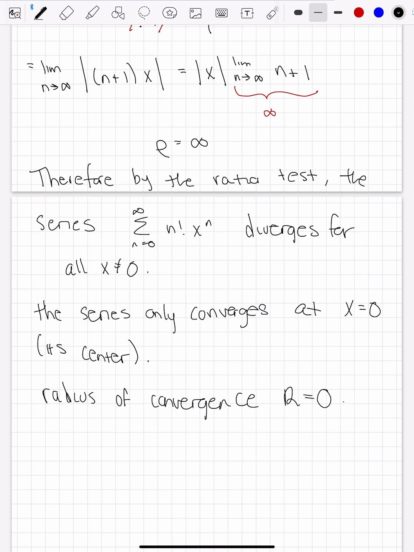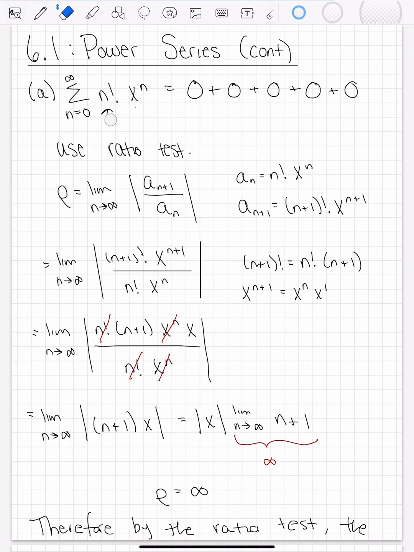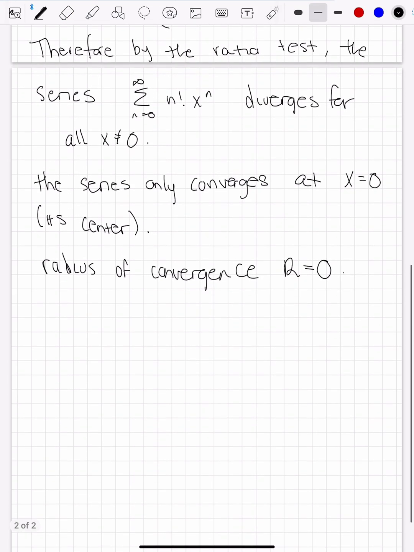And why is that? Because at the center x is 0. So if x is 0, then all of these terms are going to be literally 0, because it's 0 times whatever this is, and 0 times anything is 0. So then we're just summing up 0 an infinite number of times. So we see that it converges only at x equals 0.